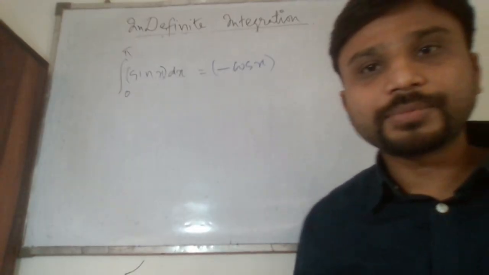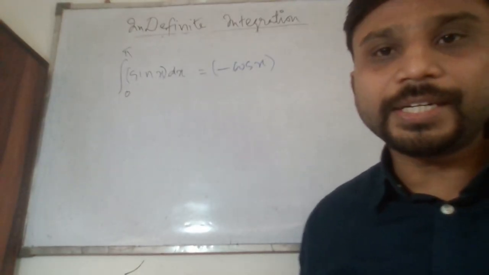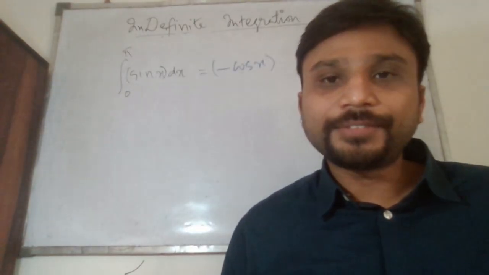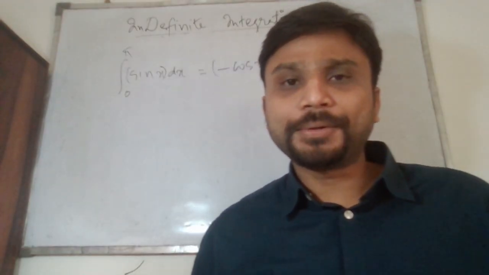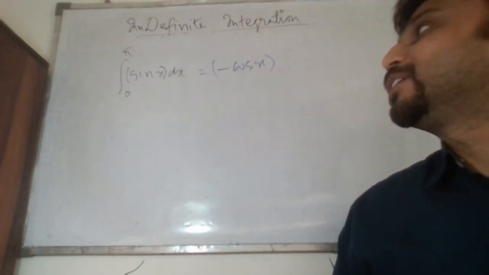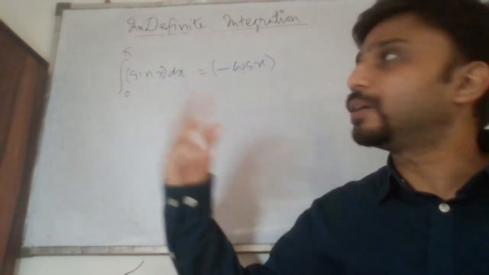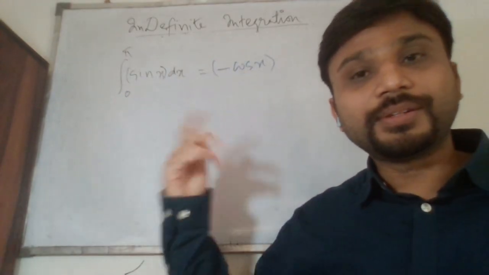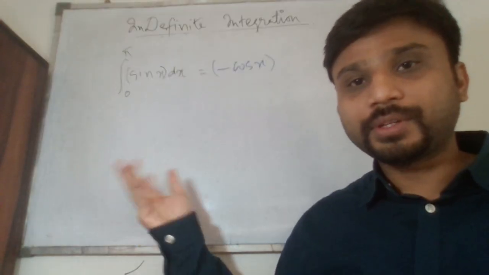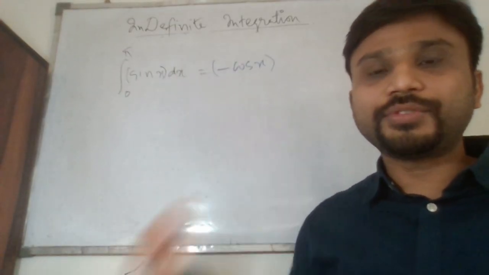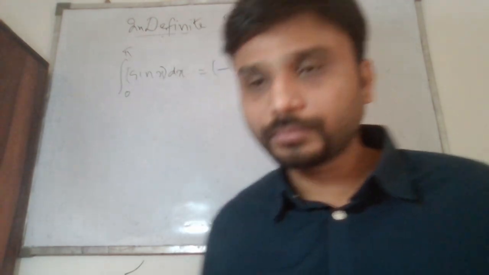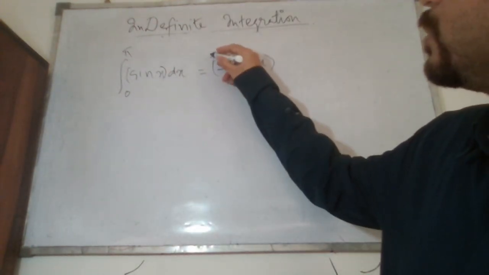So that we have already done. That is the advantage of doing indefinite integration. Okay, that's why we have done it. Because while doing indefinite integration, we want to be pretty smooth with finding what expression of integration we are going to get.